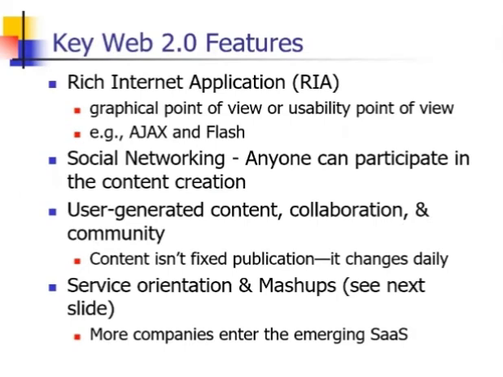Now come to the key points and features related to Web 2.0: rich internet application, as we say RIA. Rich internet application means an application which has a graphical or usability point of view, for example AJAX and Flash, or furthermore heavily loaded graphic things.